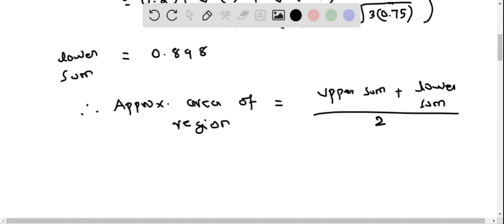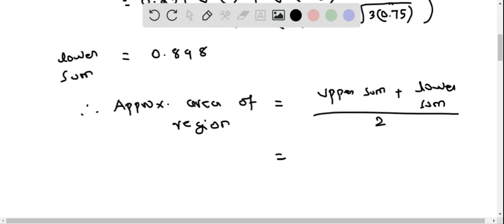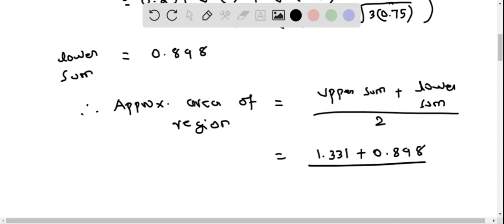So let's put the upper sum, which we have already calculated, which is 1.331, plus the lower sum, which is 0.898, and this divided by 2. So we add these two numbers and divide by 2, and then we get 1.115 approximated to 3 decimal places. And so therefore this is the approximate area of the region using the upper and lower sums.